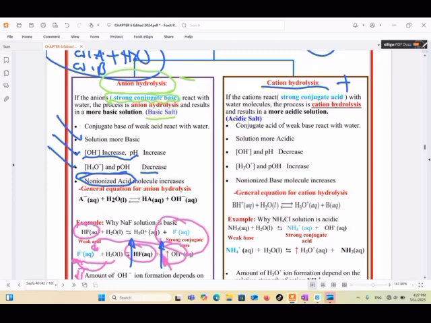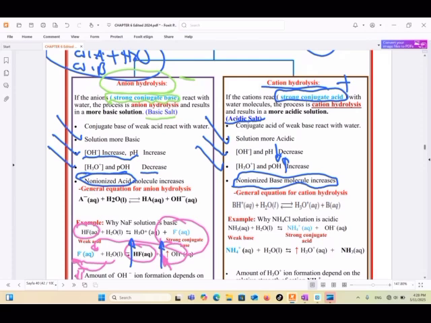We mean when a weak base exists, it produces a strong conjugate acid, and that strong conjugate acid undergoes hydrolysis. The result of this hydrolysis is an acidic salt, and the solution becomes more acidic. Hydroxide and pH decrease, hydronium and pOH increase, and the non-ionized base molecule increases.